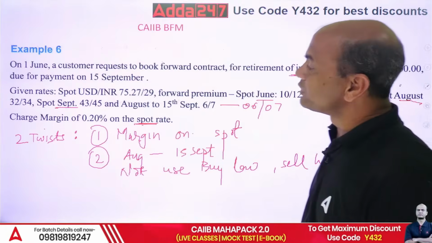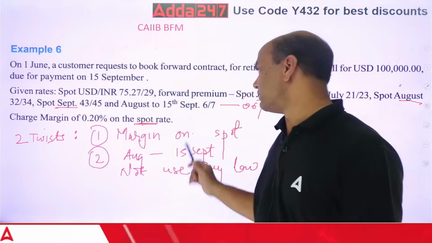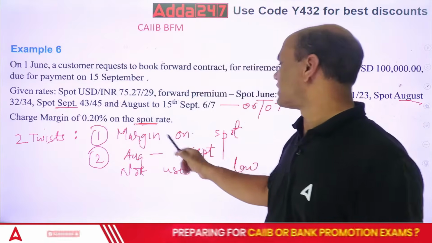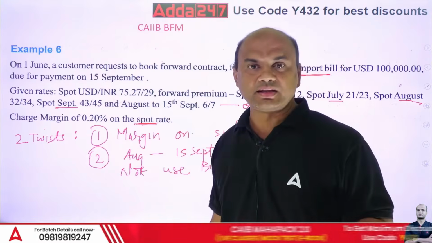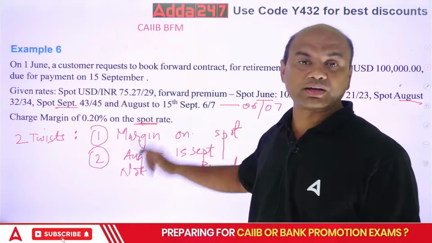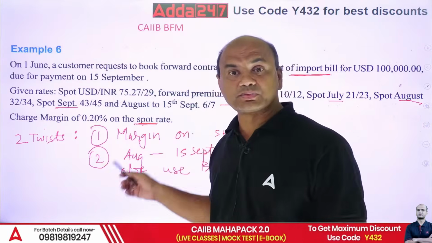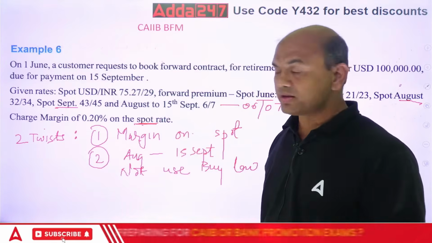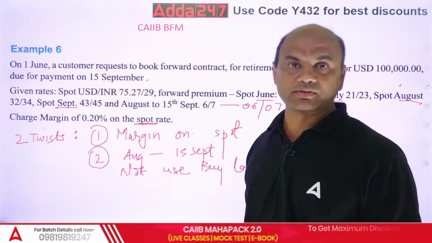There are two twists in this problem. Which are the two twists? Number 1 is margin is to be charged on the spot rate. This is the first twist. Generally, in any numerical, we charge the margin on the end rate which we get. But here, the margin is to be charged on the spot rate. Number 2 twist is August to 15 September forward rates are given.